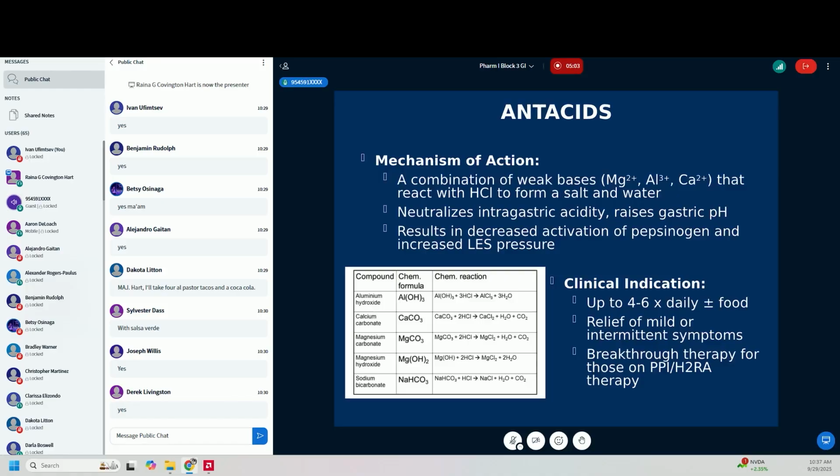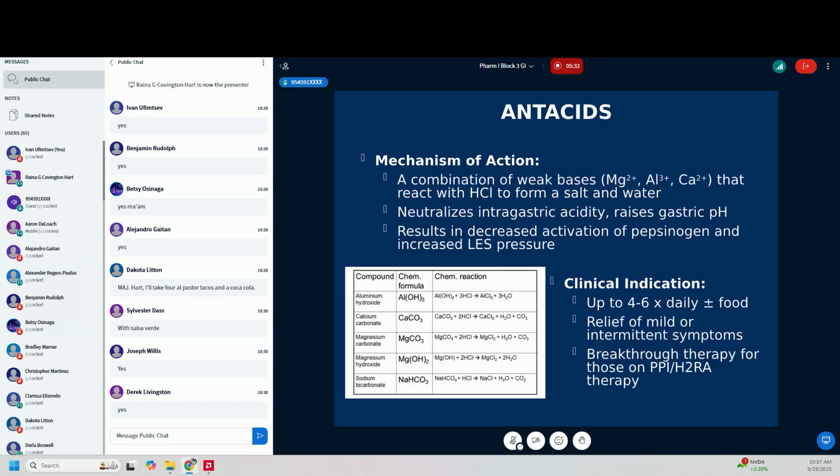Okay, so our lowest threat, unless someone is eating these like candy, but they kind of have to because they take them very, very often. So 4 to 6 times a day, you would have to take an antacid. And essentially what you're doing with these is giving my patient this weak base to react with that acid so that it can form some salt and water and neutralize the amount of acid that somebody is experiencing, okay?